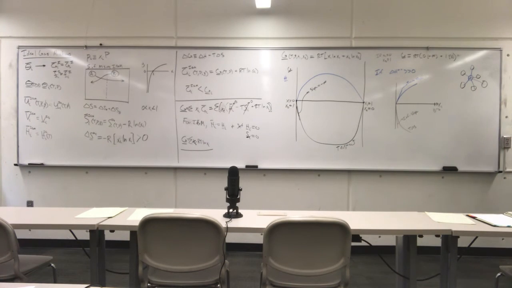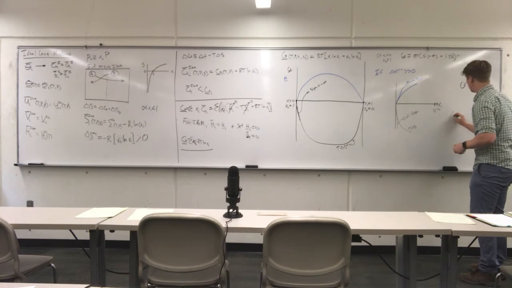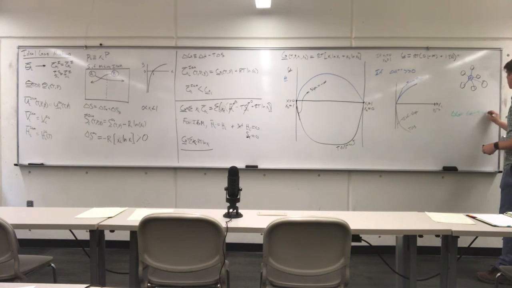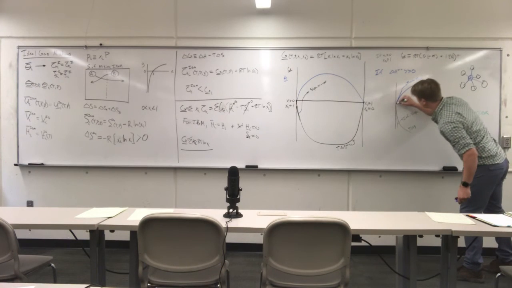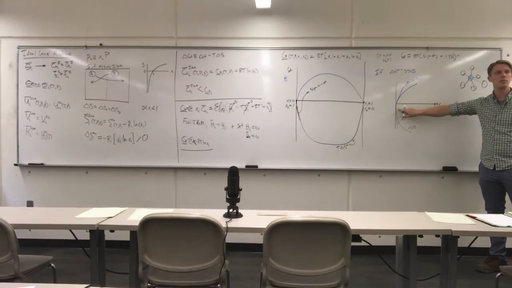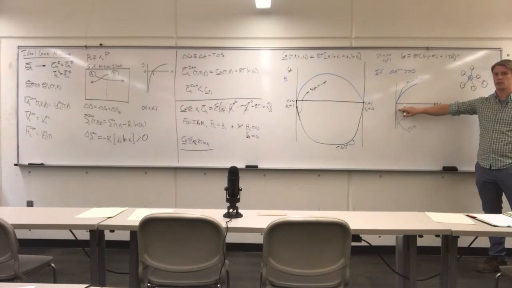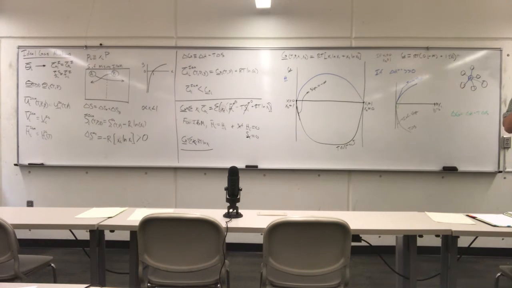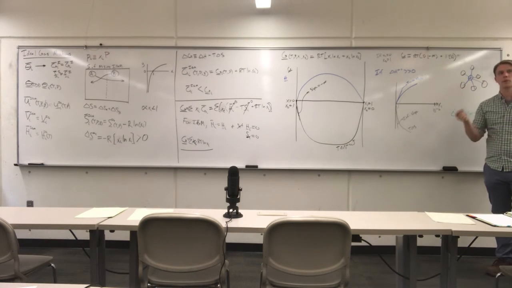So no matter what happens, the Gibbs free energy is always going to go a little bit down and then back up. There's always a little bit of a Gibbs free energy minimum for any fluid mixture, no matter what. So every component is at least partially miscible in every other component.